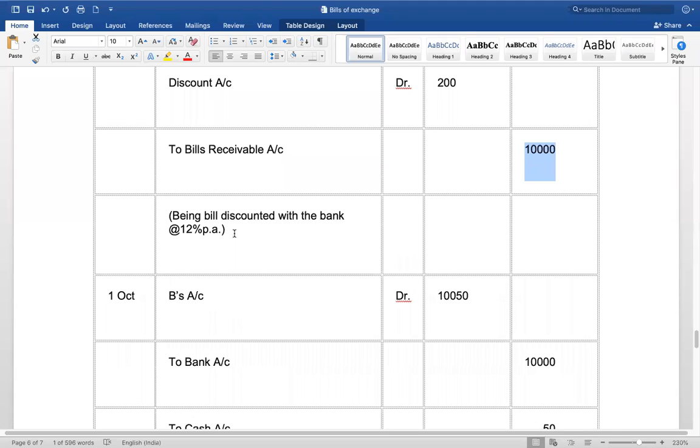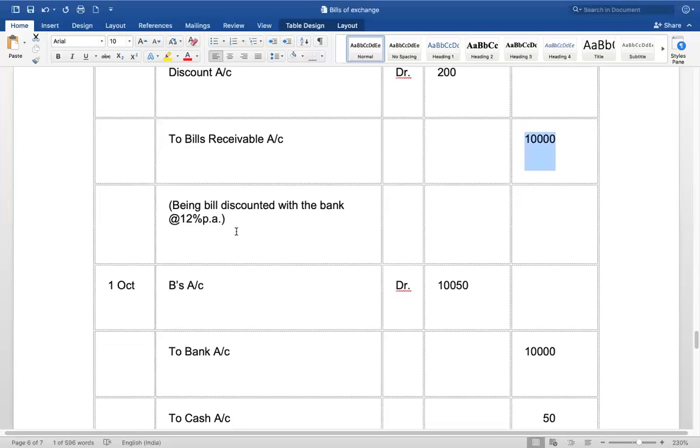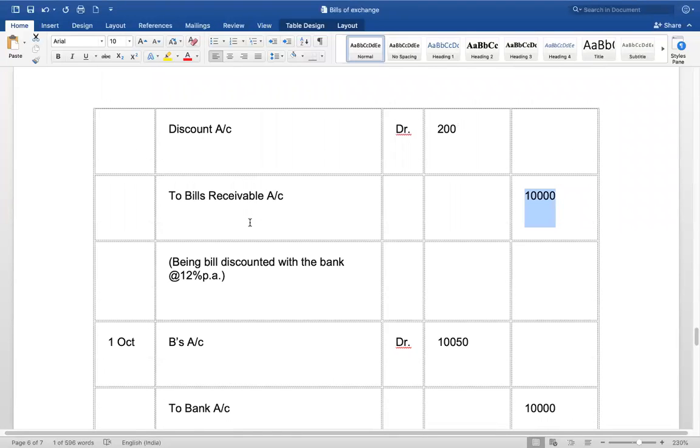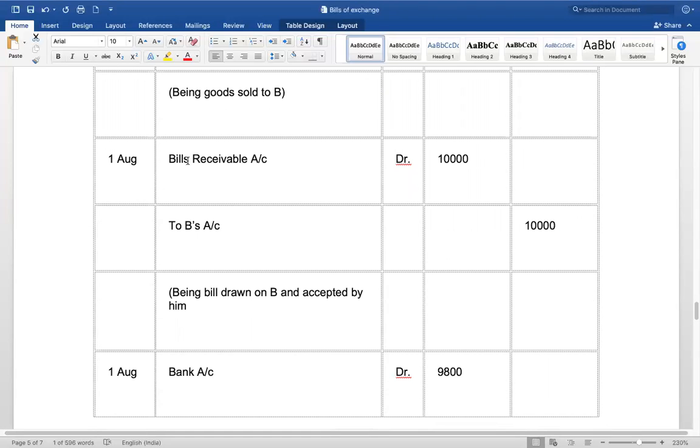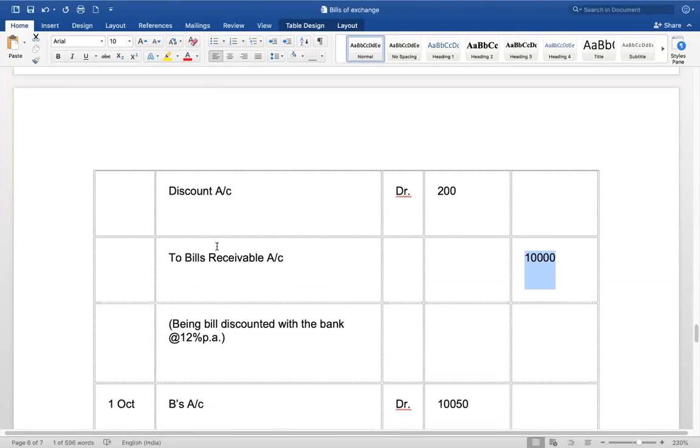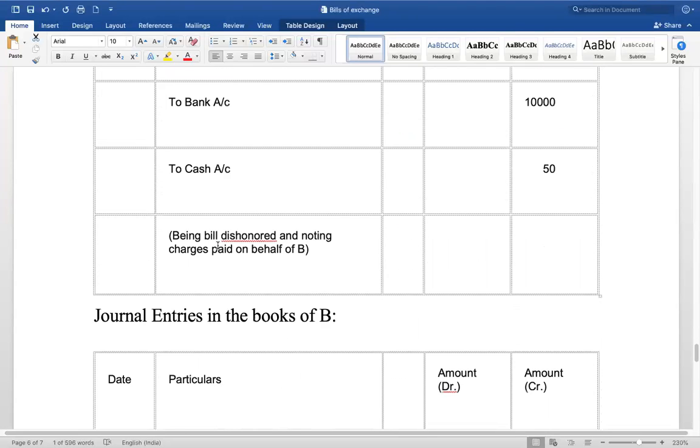Right? Now what happened? The bill that is being discounted, given to the bank, that is dishonored. The payment is not received from B. Then reverse the entry. What did you do when you have drawn the bill? Bill receivable to B. You sold goods and you wrote a bill.